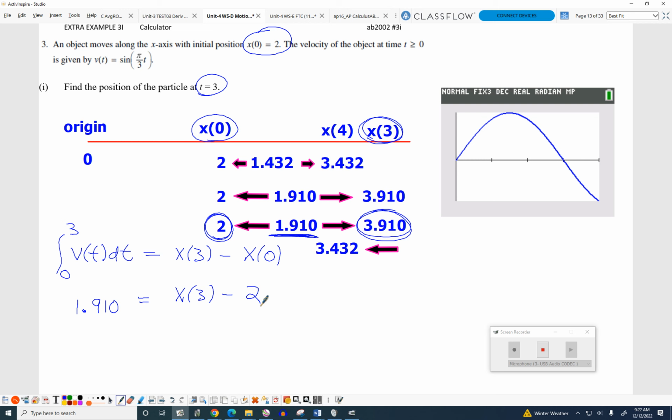Then the math simply tells you that if you add 2 to both sides, 1.910 plus 2 would have to equal the position of the object at time 3, which ends up being, just like on the board, 3.910 is my position at time 3. Questions about anything?